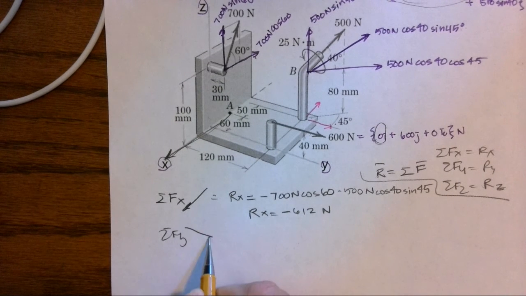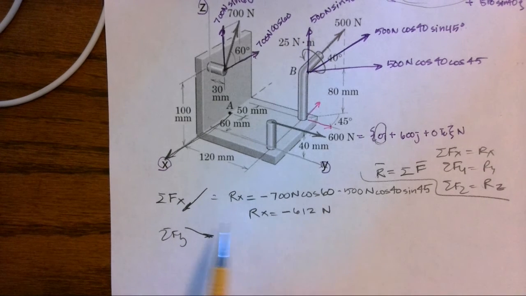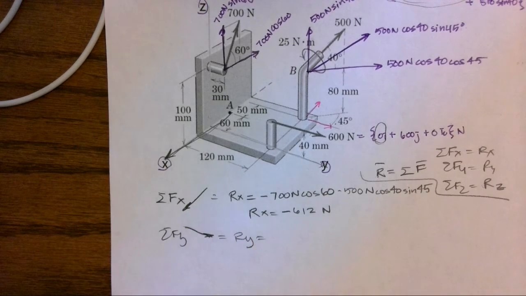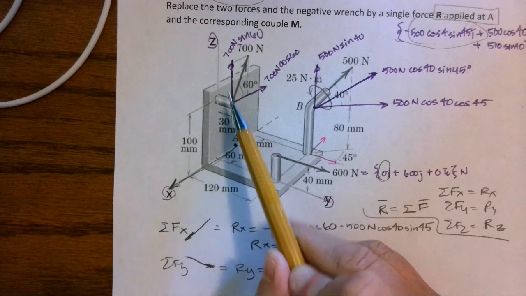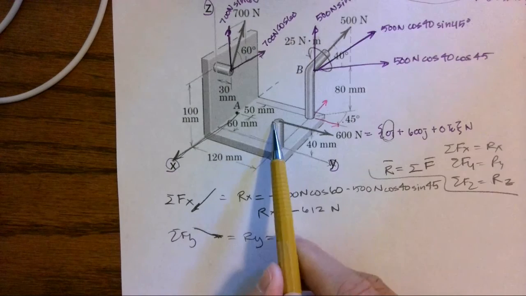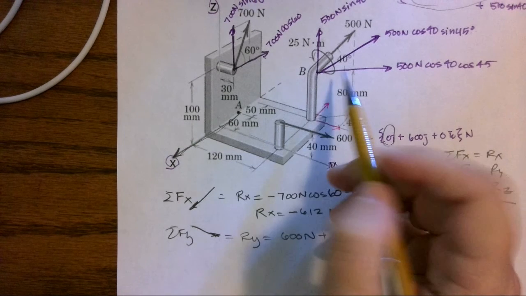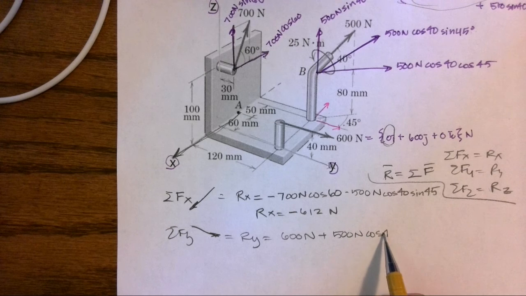So now I'm going to sum forces in the y direction. I'm going to follow the positive y-axis. So this is the resultant in the y direction. This force up here only has xz. We have 600 newtons plus 500 newtons cosine 40 cosine 45.